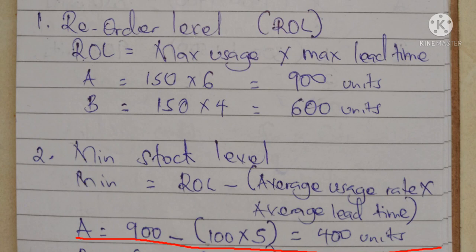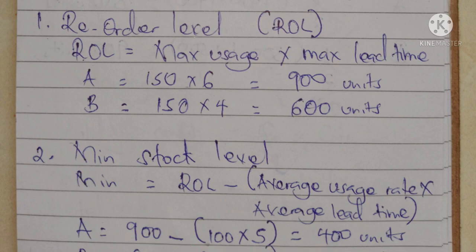The average usage was 100 from the question. Then times the average lead time. Product A had a lead time of 4 to 6 weeks, and the figure in between is the average lead time, which is 5. So it's 900 minus, into brackets, 100 times 5. And when we use a calculator, we get 400 units. And that is the minimum stock level for product A.